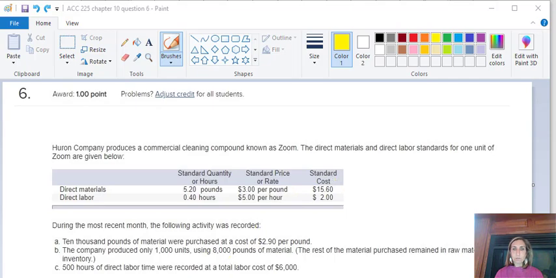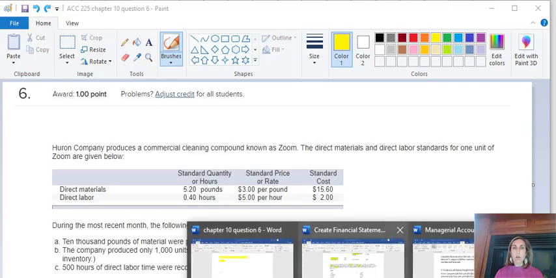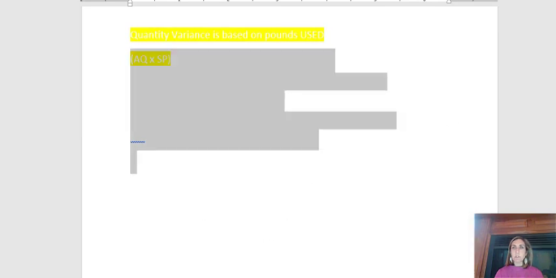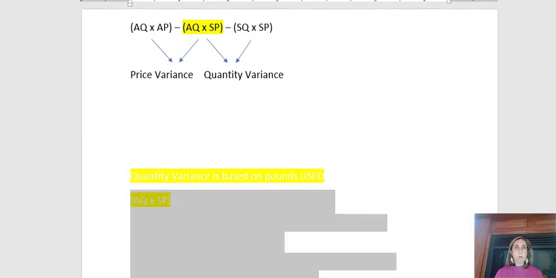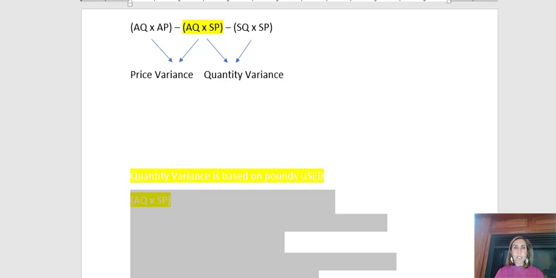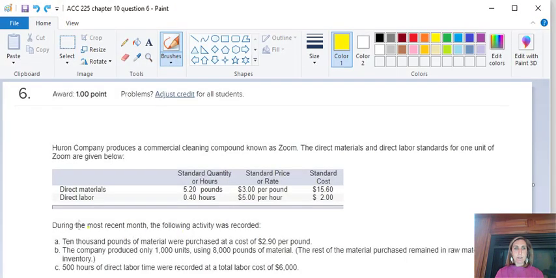So when we're looking at our three-part formula to calculate the price variance, we would compare the total paid, which is the actual quantity times the actual price. Line A says 10,000 pounds of material were purchased at a cost of $2.90 per pound.